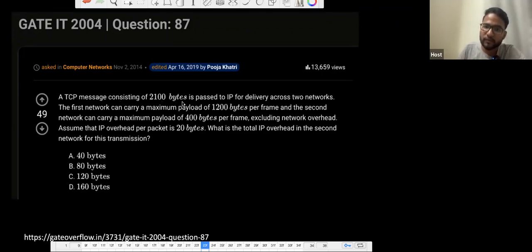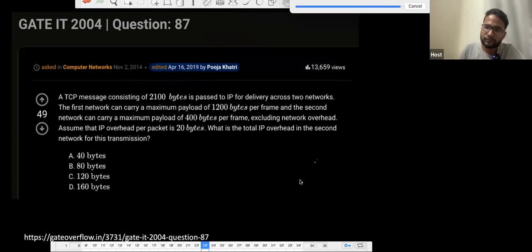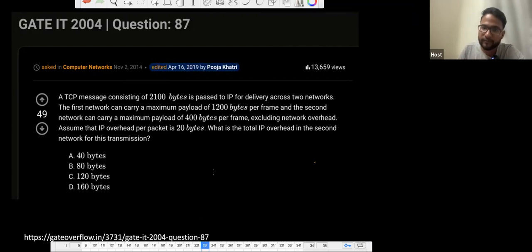A TCP message of this many bytes is passed to IP for delivery across two networks. The first network carries 1200 bytes per frame and the second network carries a maximum payload of 400 bytes per frame, excluding the network overhead. So basically 1200 bytes means the payload should be 1180, right?